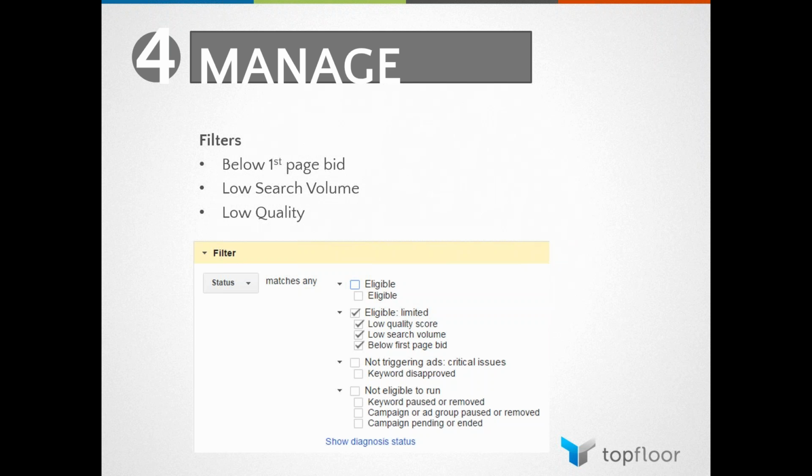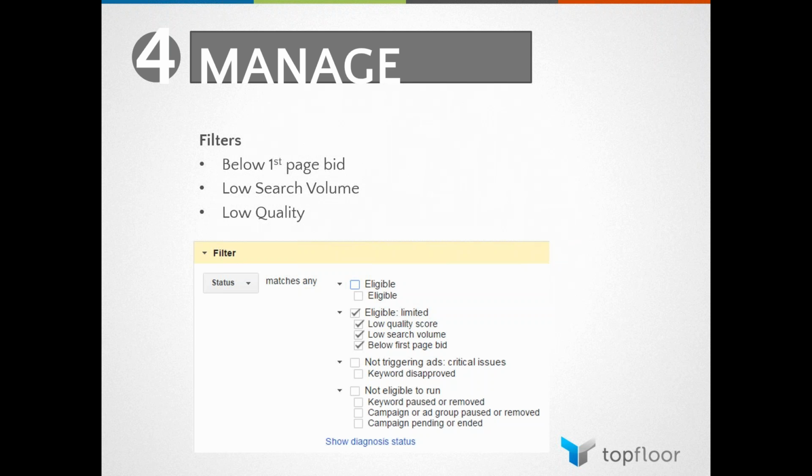Keywords that are below the first page bid means that you're showing up on the second, the third, the fourth, the fifth page. And we know pretty much nobody goes beyond the first page, let alone scrolls to the bottom of the first page. You want to make sure that your bid matches or exceeds that first page bid that you can get in the Google UI.